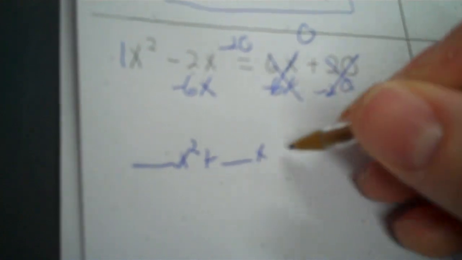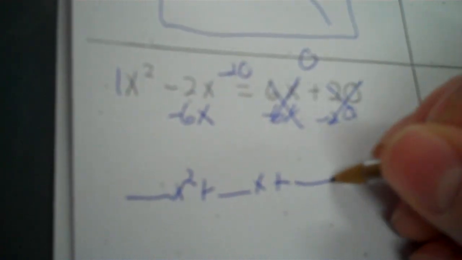So you're going to have x squared, x, and you do have a constant now. So for x squared, you've got 1. Now the x, it's not 2 minus 6, it's negative 2 minus 6, which is negative 8. And then negative 20 is your constant. Minus means it's negative. So now I see the zeros there.